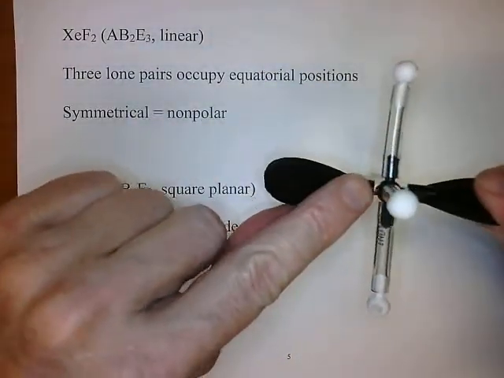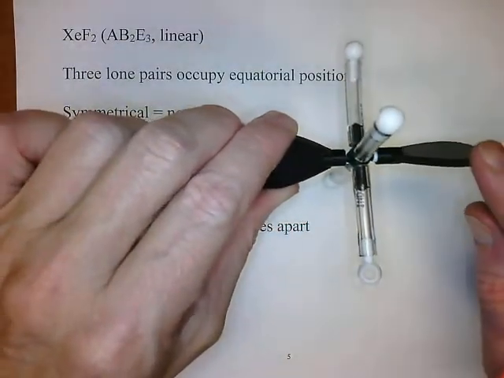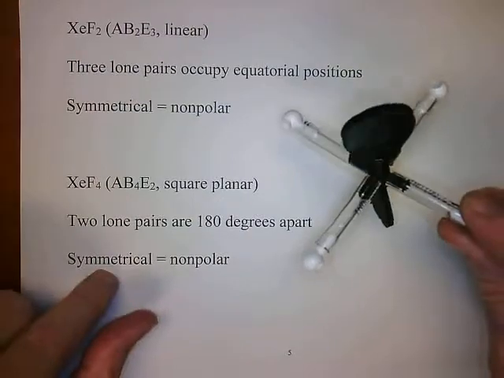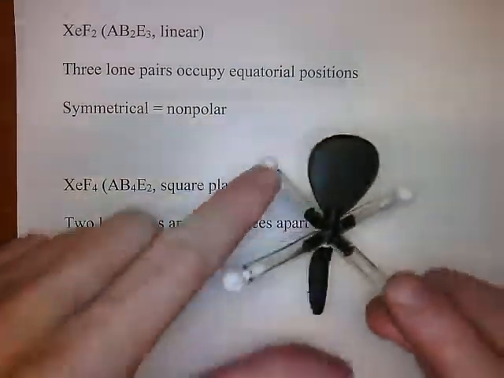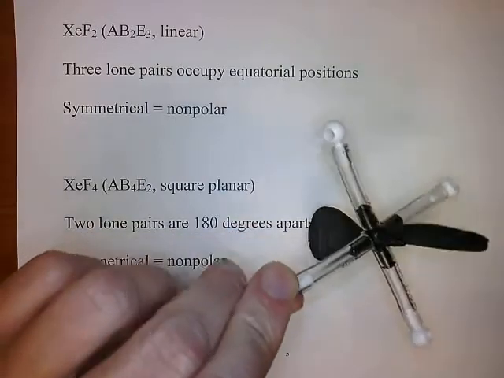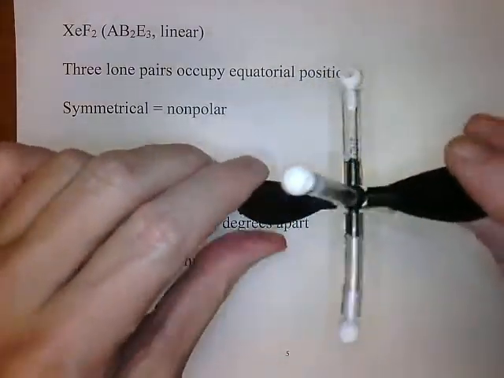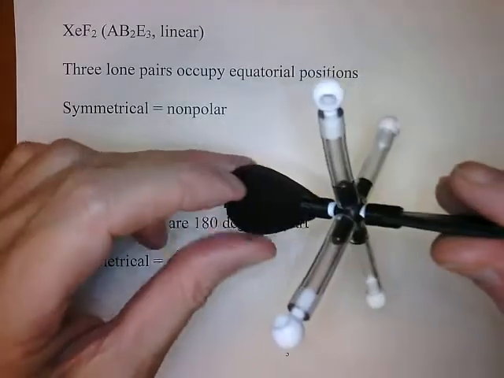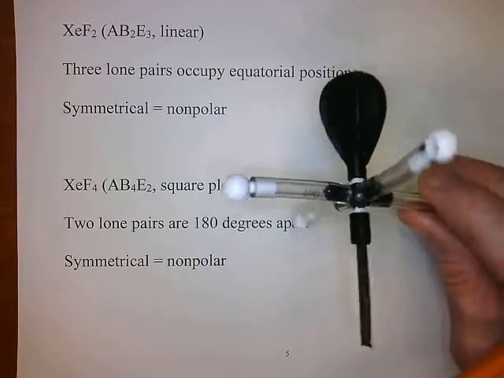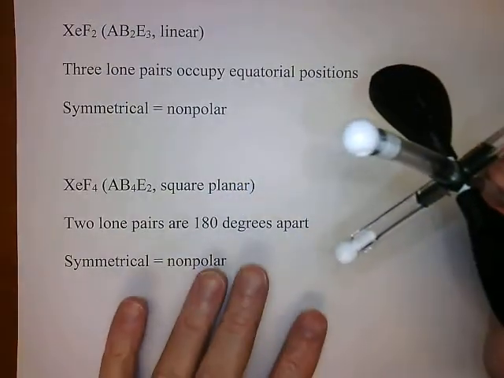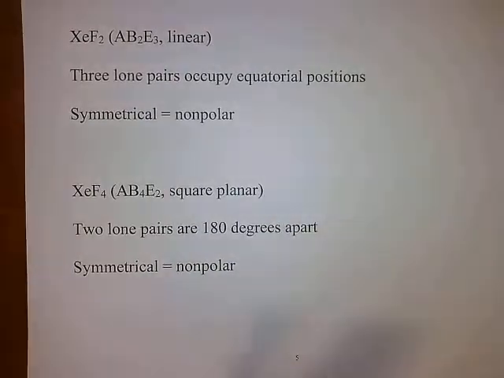So the pull of this electron pair is balanced by the pull of this electron pair. And the four atoms are in a plane, hence the name square planar. The bond angles are 90 degrees apart. That's a symmetrical distribution of atoms around the central atom, right? So this molecule is definitely nonpolar because it is symmetrical.